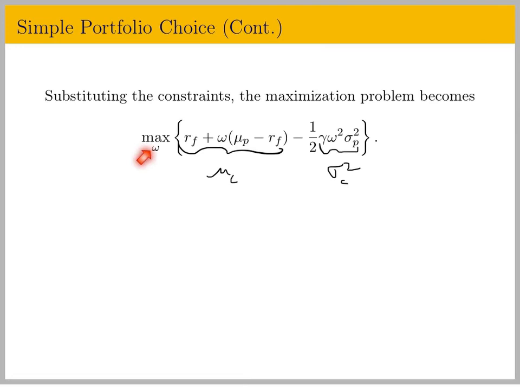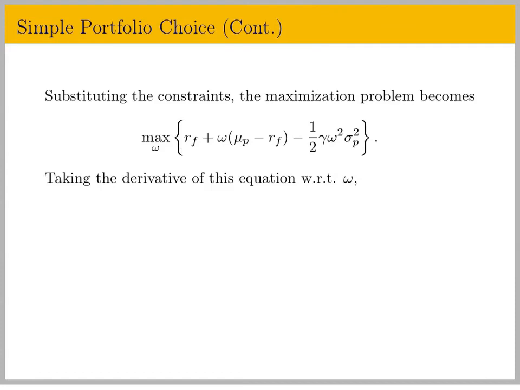There's only one choice variable, because mu sub c and sigma sub c are both functions of omega. So given some value of mu sub P, RF, and gamma, we can find the omega that maximizes the utility function. We do this by taking the derivative with respect to omega.